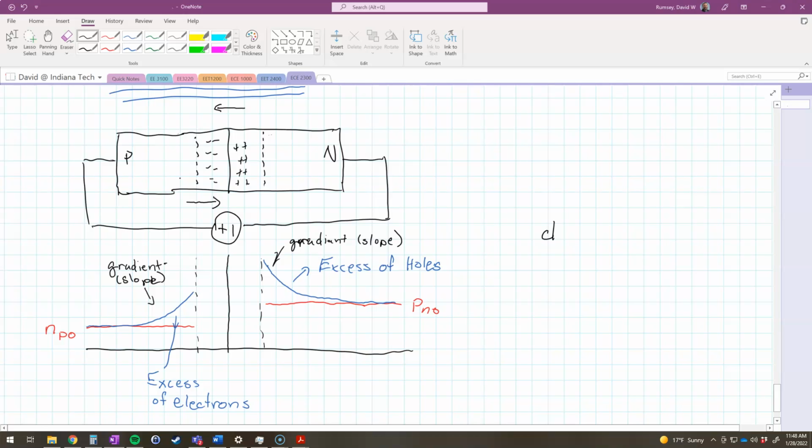That tells me that the derivative of n sub p, the electrons on the p side of the silicon, with respect to x is not equal to 0. And similarly, the derivative of p, the holes on the n side of the silicon, is not equal to 0. So what that means is we have a diffusion current.